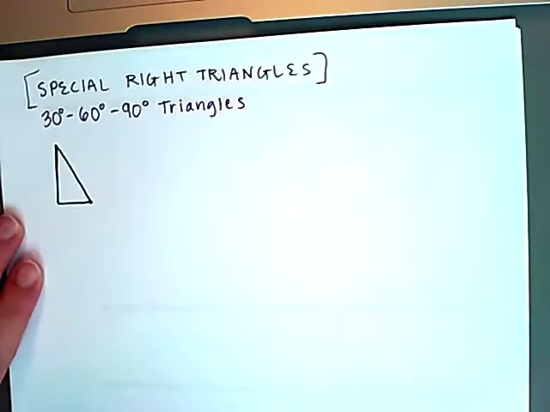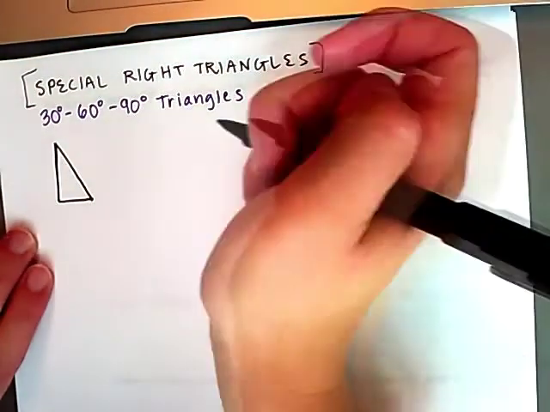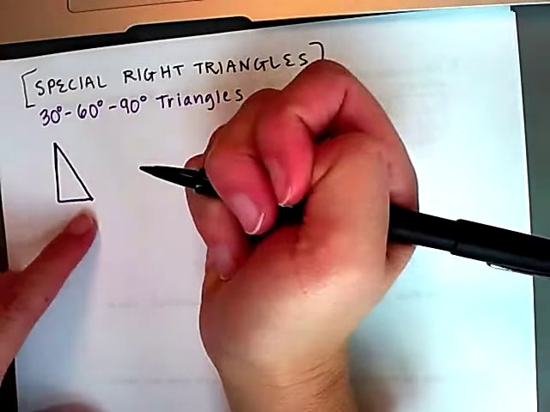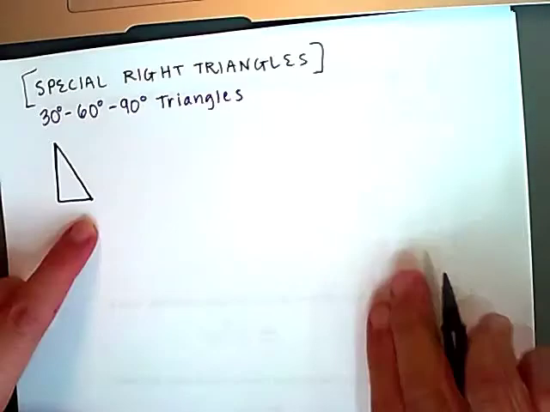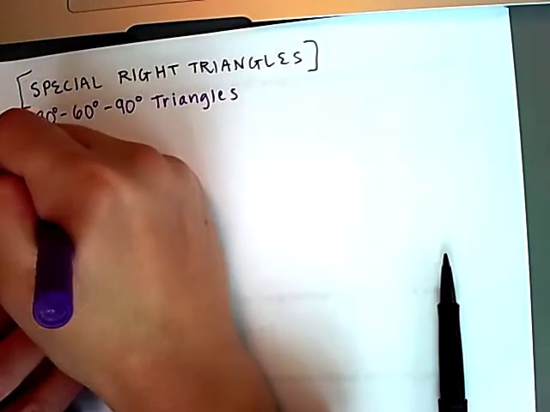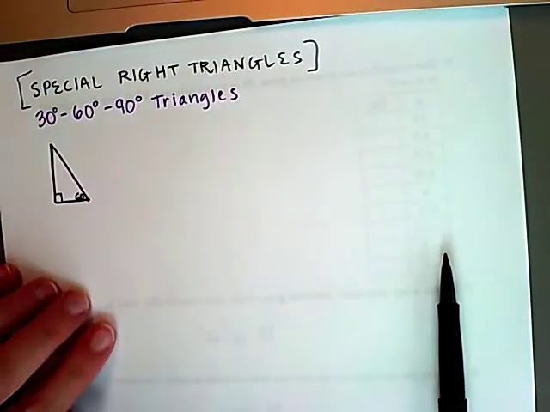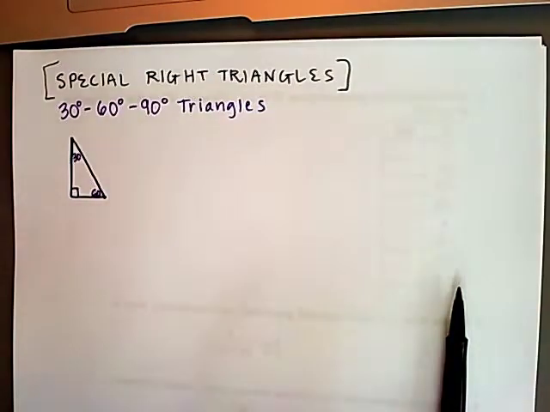We can think about this as being half of an equilateral triangle, in which case this bottom angle, which is an original angle in the equilateral triangle, is where the 60 degrees will happen. Then we have our 90-degree angle at the right angle and 30 degrees up top.